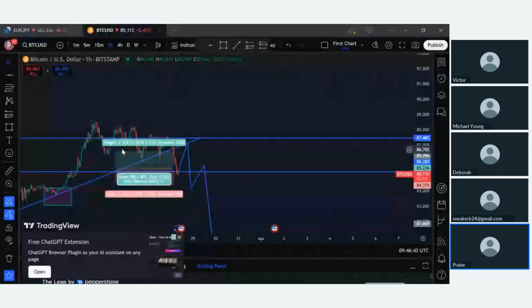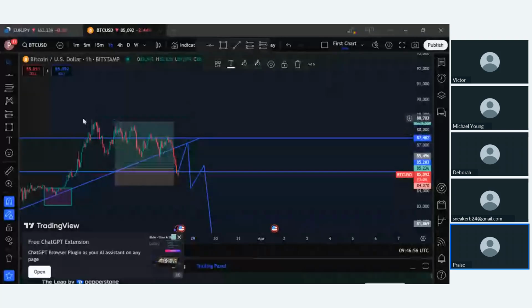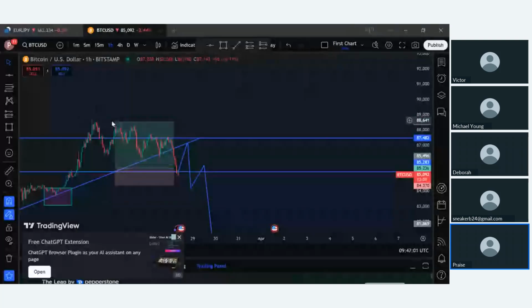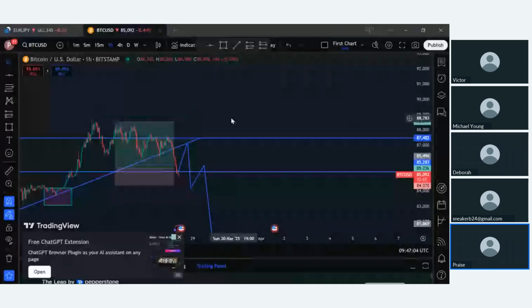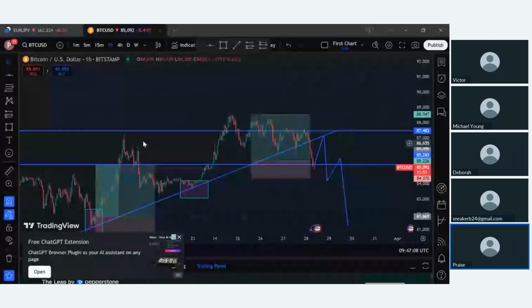Now we are targeting this high, and you can see what happened. The market got to the high but never passed that high. It got to the high and dropped, just narrowly hitting your take profit, and the market started dropping downward again. So that is why the safest point to take your profit is the high that formed that resistance.